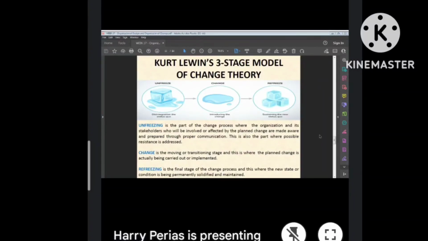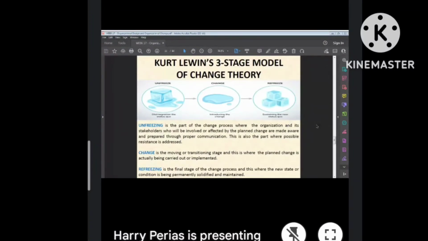Hindi naman basta-basta na bibili ka lang agad ng computers and printers and maglalagay ka ng internet, bigla-bigla, isasalpak mo agad doon sa iyong offices, 'di ba? So the first thing that the management has to do is to inform everyone. Imimit dapat niya yung mga tao na, okay, this is the plan.